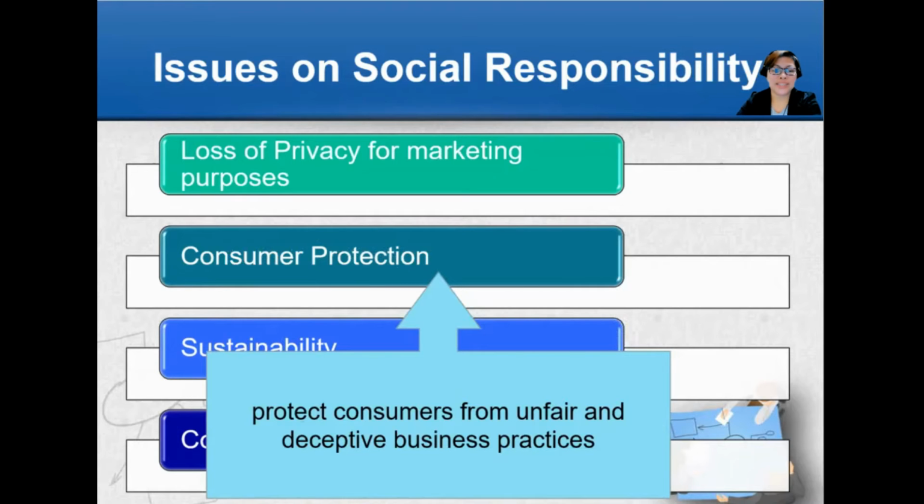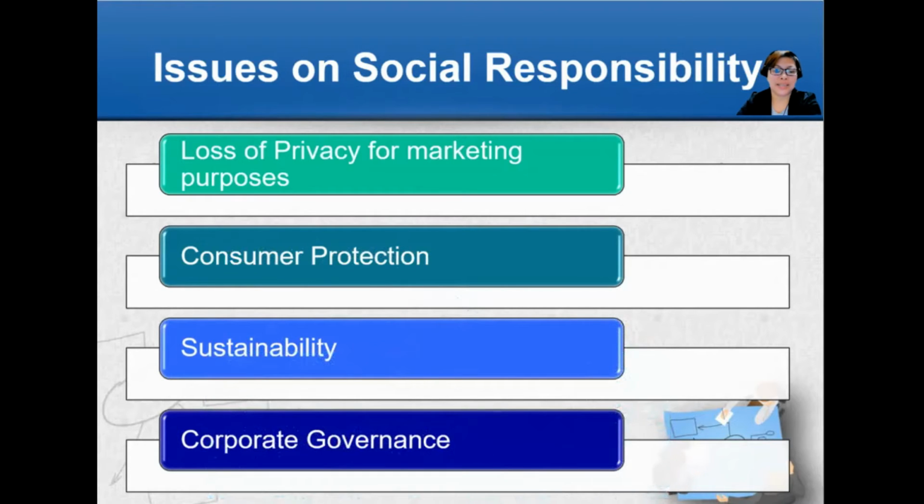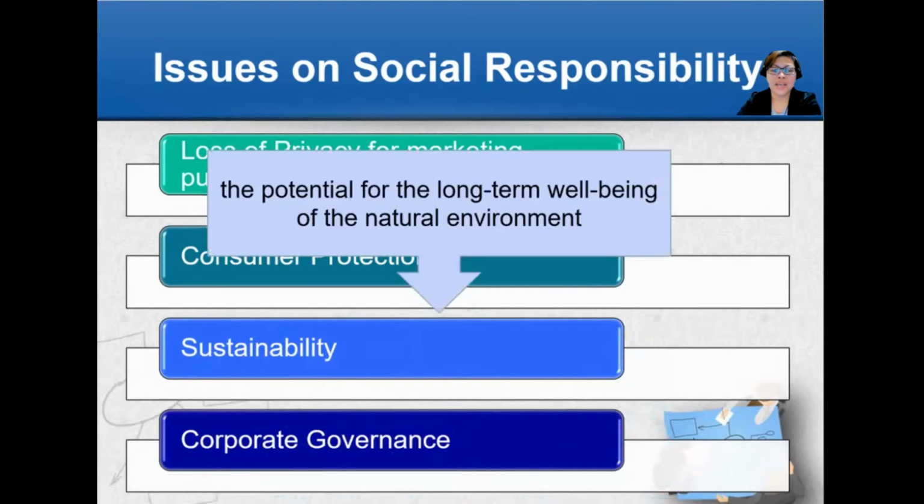Next one is sustainability. Okay, so we have sustainability. This is defined as the potential for the long-term well-being of the natural environment, including all biological entities as well as the mutually beneficial interactions among nature and individuals, organizations, and business strategies.